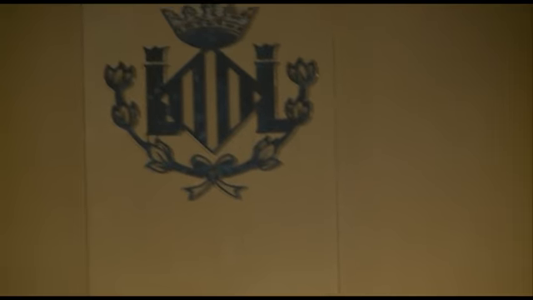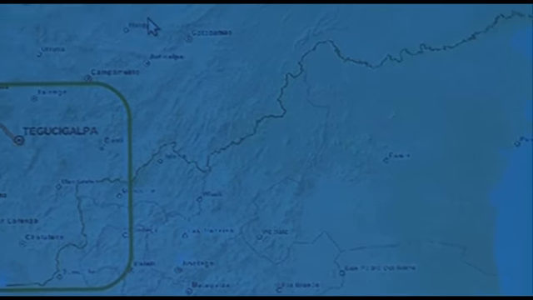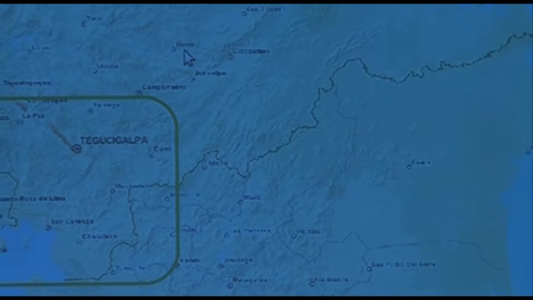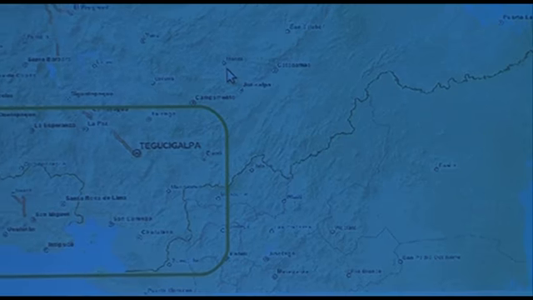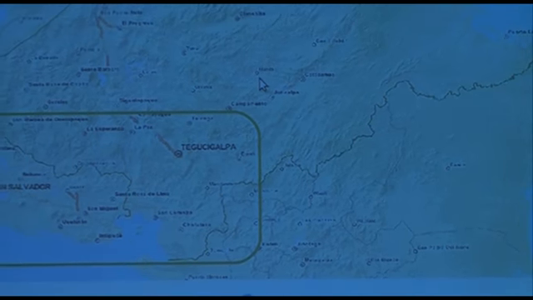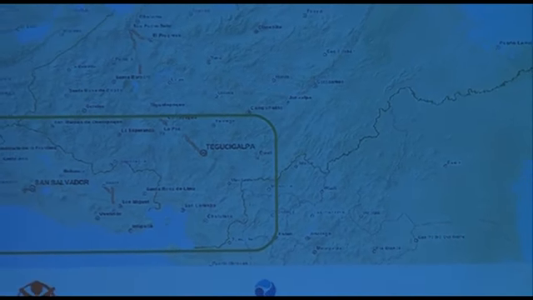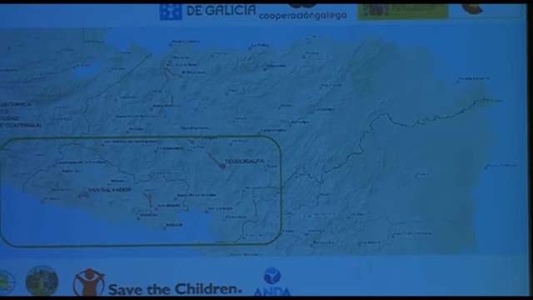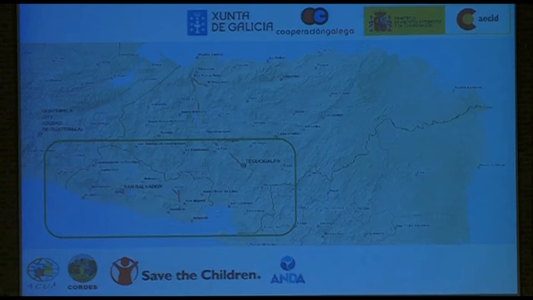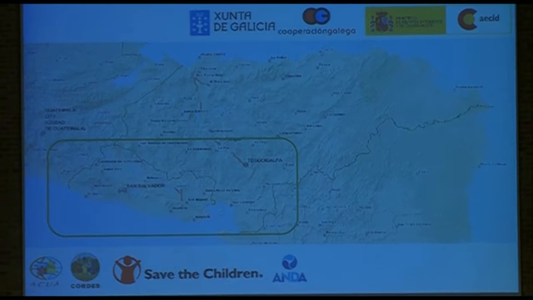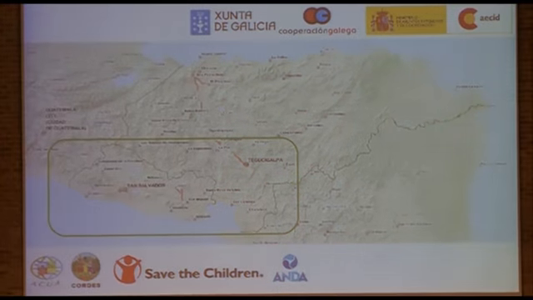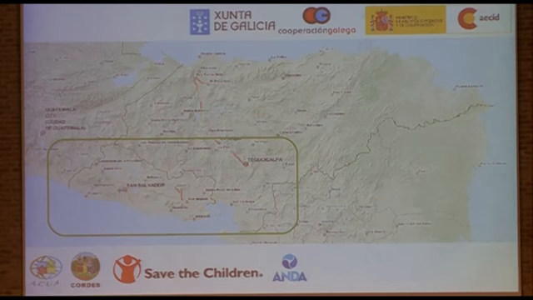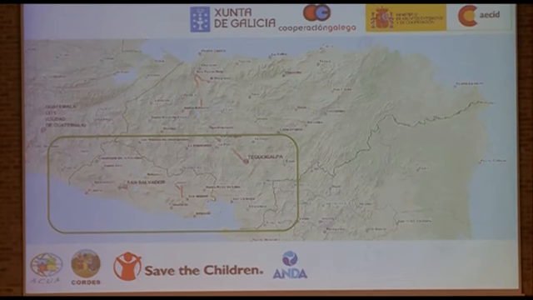Then we go to El Salvador and Honduras, which are in about position 100 of the ranking. We started to work with very simple projects, which is helping the population to build a new filtering facility.